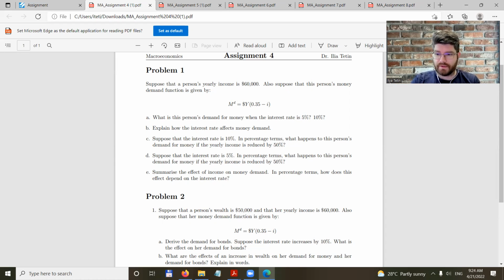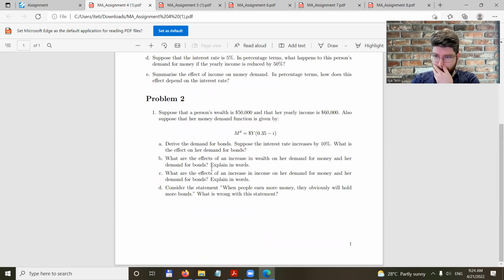Next, our problem 2. Okay, derive the demand for bonds. Suppose that the interest rate increases by 10%. So the demand for bonds is the difference which is given over here. We have this 50,000, we have this 60,000.